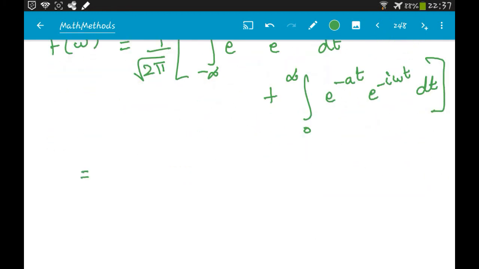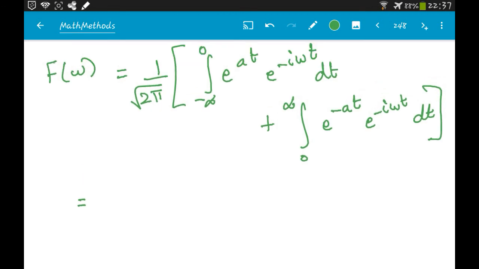So let's now compute this integral. The exponent is (a - iω)t.